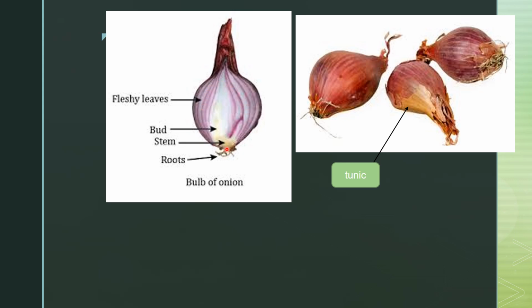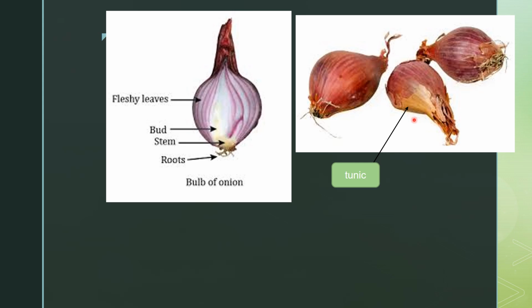There are adventitious roots at the base of the bulb, and on the upper side there is a terminal bud to give a new plant. This is the onion bulb, and as I said, it's tunicate because a dry membranous layer covers the fleshy leaves.